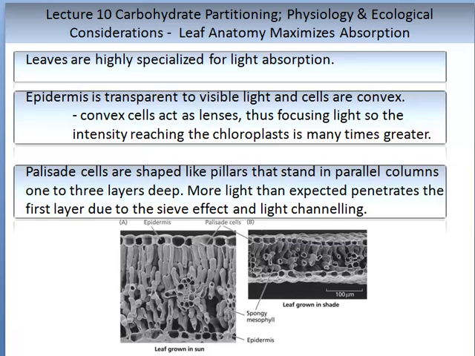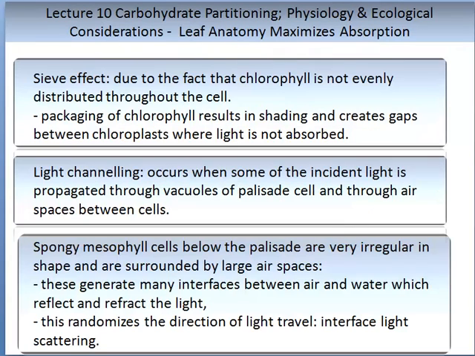The palisade cells are shaped like pillars that stand in parallel columns, 1, 2, 3 layers deep. More light than expected penetrates the first layer due to the sieve effect and the light channeling effect. The sieve effect comes about as chlorophyll is not evenly distributed throughout the cell.